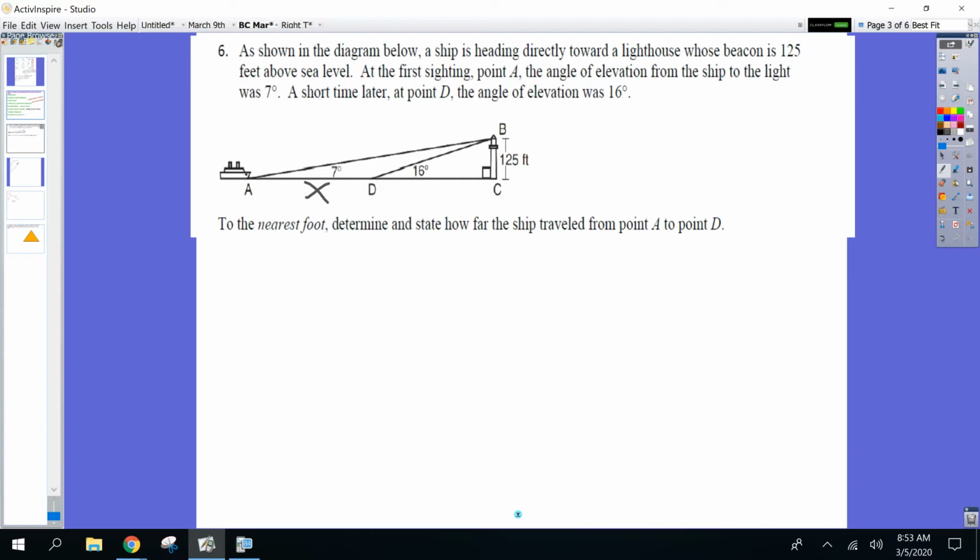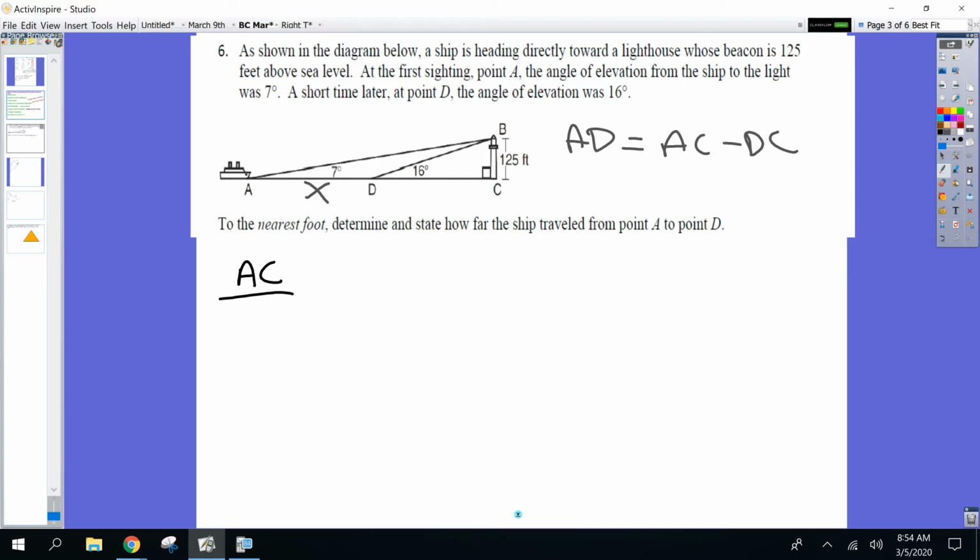Yep. So basically, here's what Naomi's saying. If you want to find AD, you better find AC and subtract DC from it. Yes? And why can I do that? AC and DC are both full sides in what type of triangles now? Right triangles. This is my double triangles problem I'm talking about.